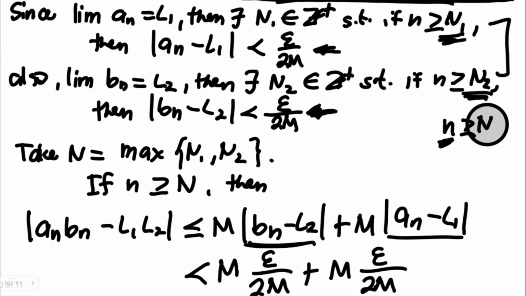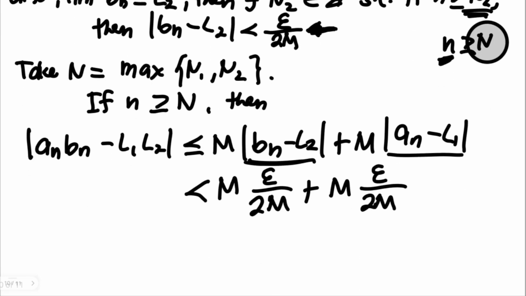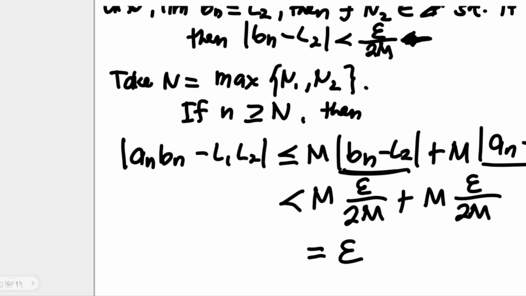Take note, don't be confused with the notations. Once you have this, the m will be cancelled out, and you will have epsilon over 2 plus epsilon over 2, which gives us epsilon. This is now our goal.